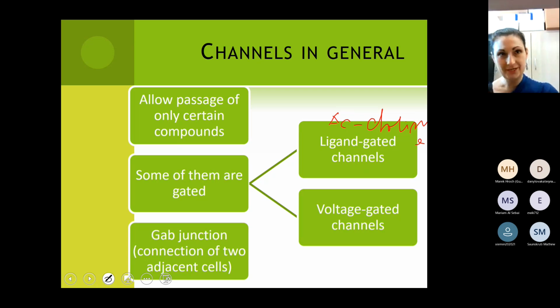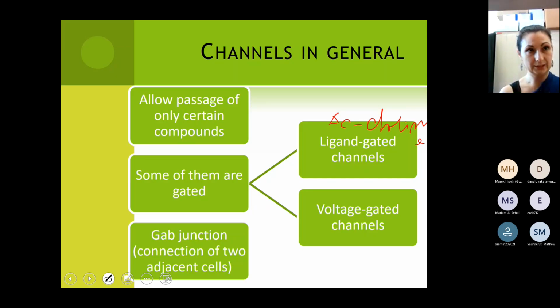Also, we can find in our tissues the interconnection between the cells. Usually it's in tissues where cells of the same type tend to connect together with gap junctions. The gap junction has the advantage that the interconnection between two cells is pretty fast.